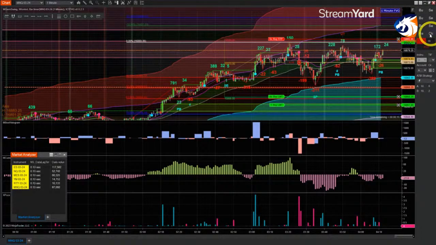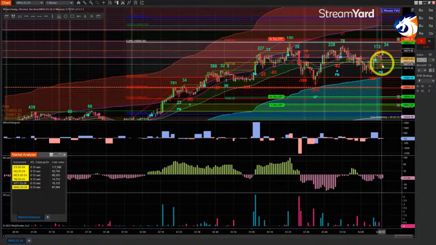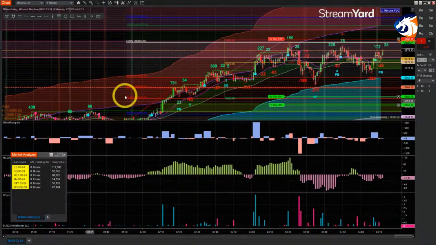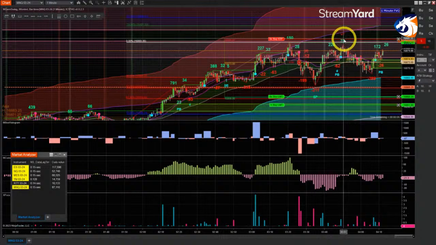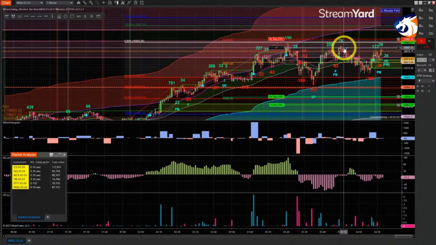So you know what? Let me just close this out, because we have it bouncing off this fair value gap to the upside. Will that be enough to have this run up there? Let's see. Again, another loss of around 6 points, which is fine.